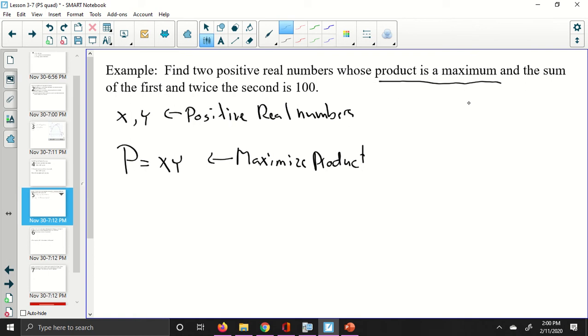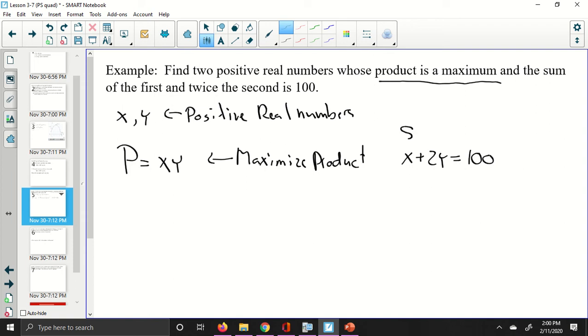And that limitation is that the sum of the first and twice the second is 100. So the sum of the first, so x plus 2 times y, is going to equal 100. And so we couldn't have anything that's going to be outlandishly big. Like for example, you could have 98 here and 1 there. And then 1 times 98 would be 98. I don't know if that's the maximum product, but we're going to find it.